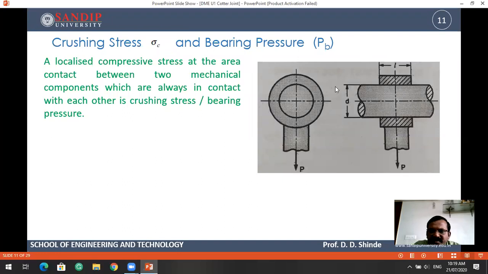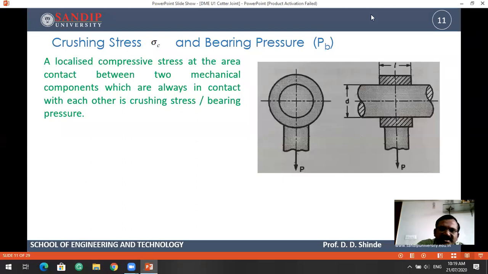So here you can see a cross section, a circular rod is there and a circular ring is put above it, and it is subjected to a force P. Now if you give rotation to this particular ring, the ring is in contact with the shaft and it will slide. So there will be a sliding motion between these two, and there may be wear and tear.